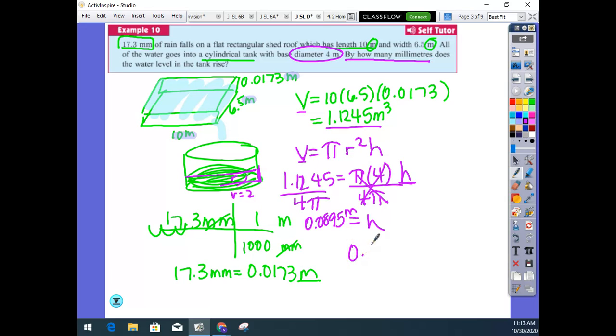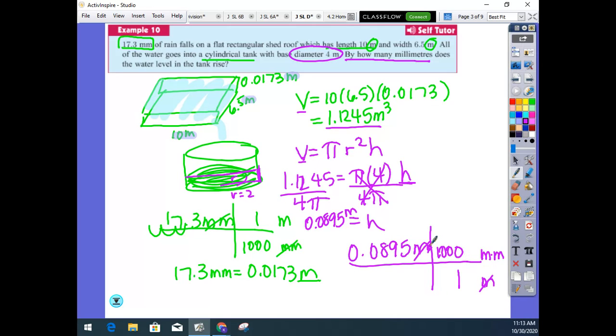So if I have this many meters, how many millimeters is this amount? So I'm now going to convert my meters into millimeters. So I put meters on the bottom so they cancel. In 1 meter, there are 1,000 millimeters.